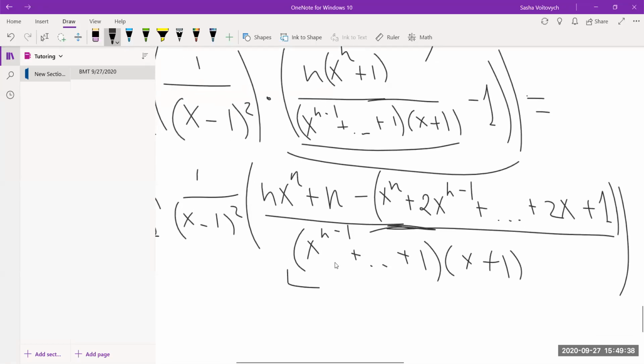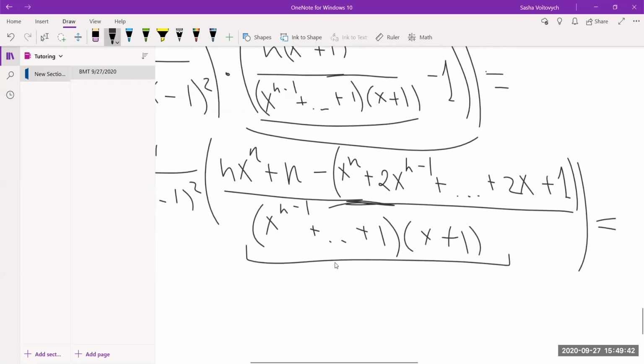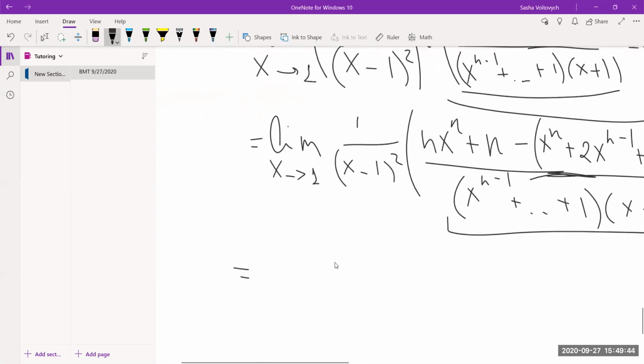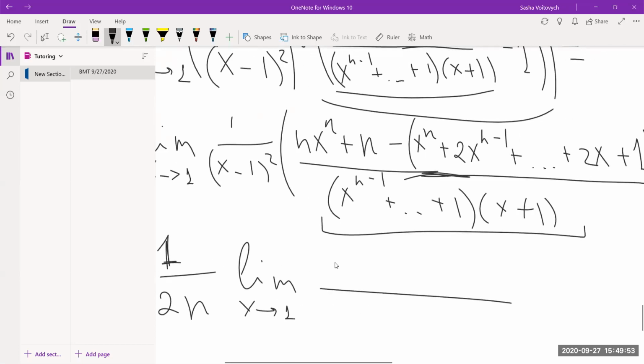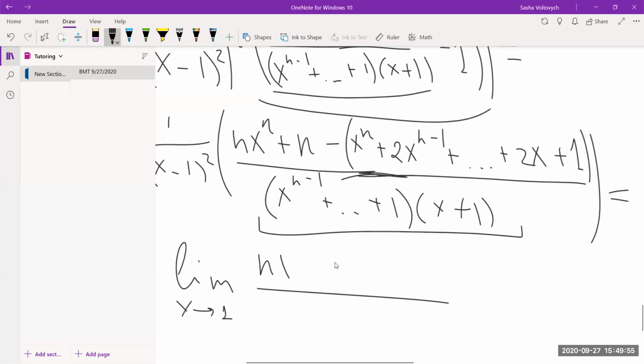So again, we can just evaluate this guy at the point x equals 1, which will simplify our expression. So this is just 1 over 2n and the limit of this guy, plus n minus this expression.